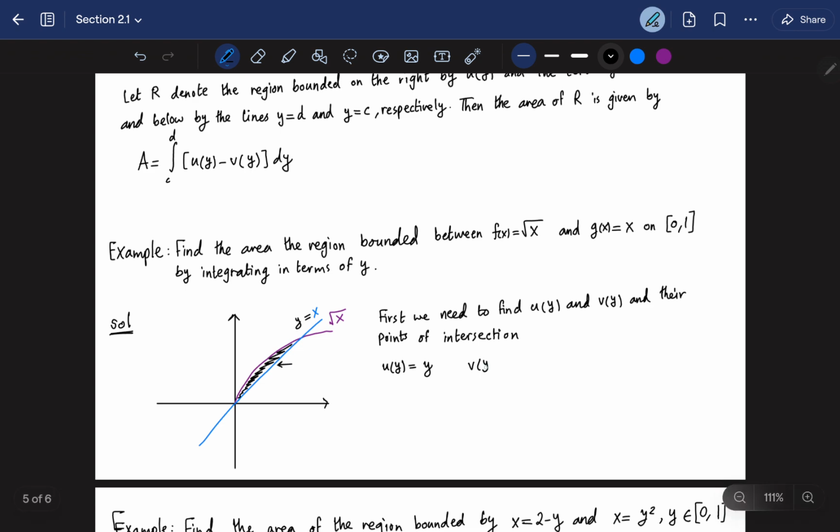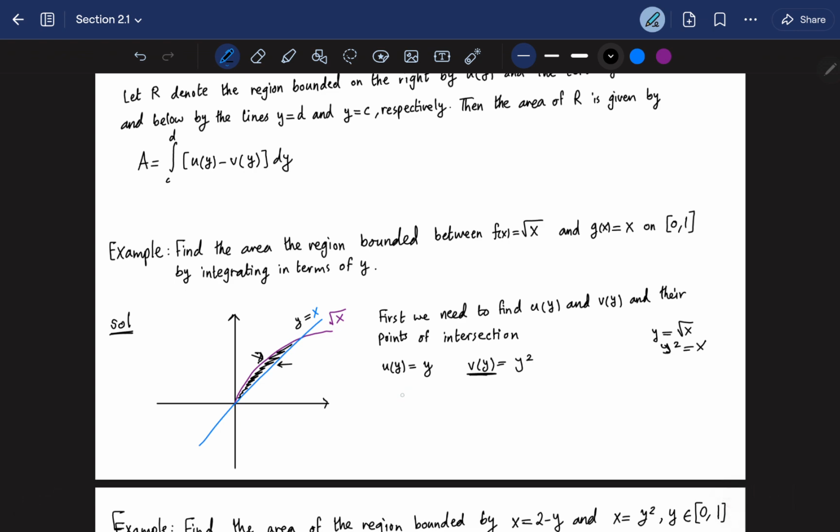And v of y would be obviously the square root of x, but v of y is a function in terms of y. So to find it, I need to solve this equation here. So when you square it, you get y squared is equal to x. So your v of y is just y squared.